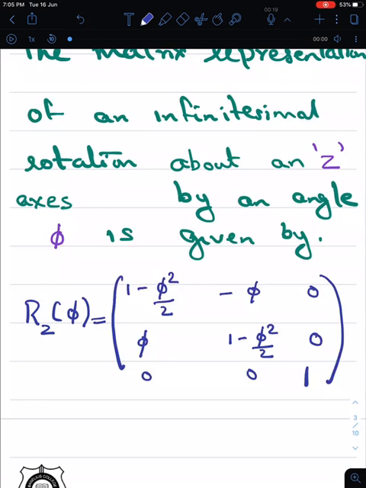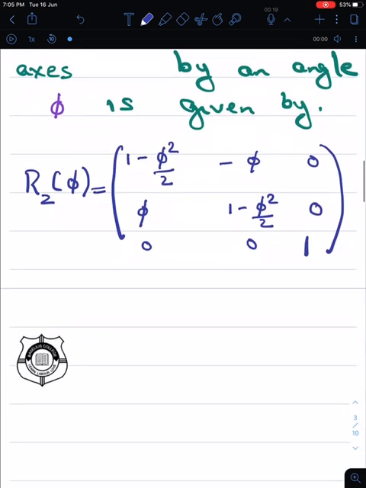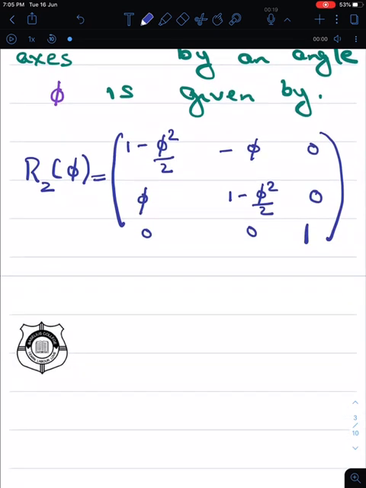Also, we have to remember that the rotations about different axes, if you are keeping the second order term, will not commute with each other.